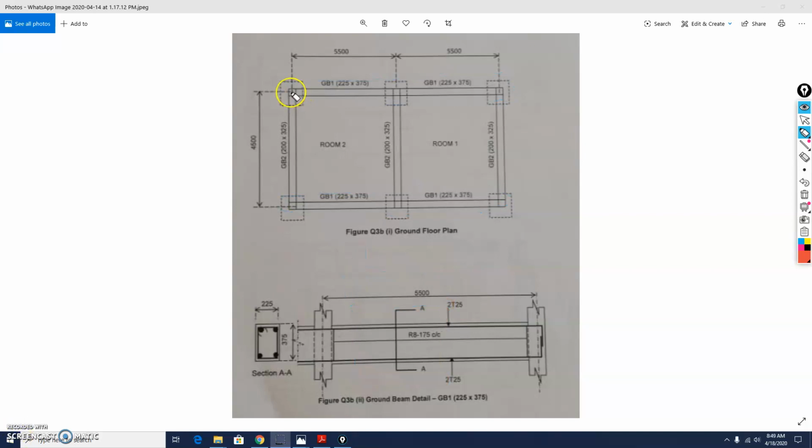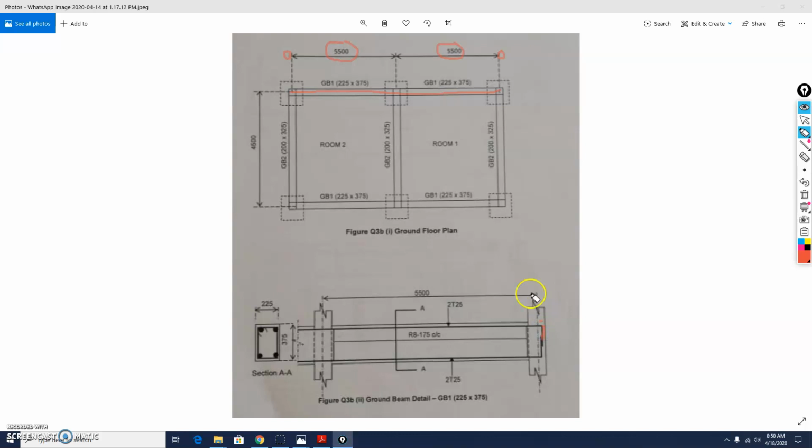For the length, because the reinforcement is straight from this end to this end, the length will be 11,000, because you add 5.5 with 5.5, and then you need to add half column here and half column here, so it will be 200 mm for these 2 half columns, and then you need to minus the cover. So if you look at the detail, here is the cover.